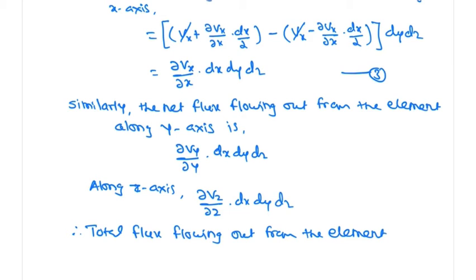We take the sum of these three terms and take the common term dx dy dz outside, hence ∂Vx/∂x plus ∂Vy/∂y plus ∂Vz/∂z, and outside we write dx dy dz.